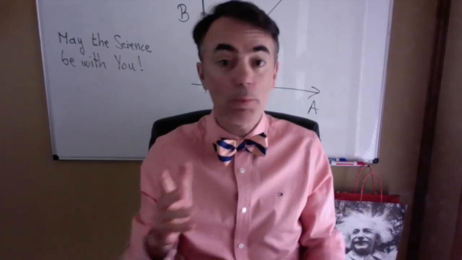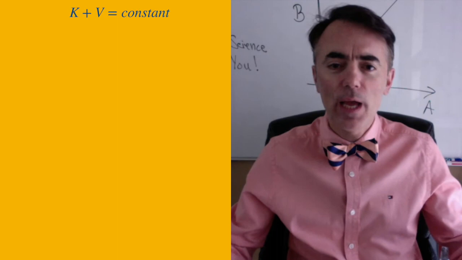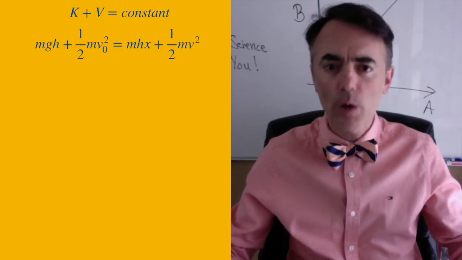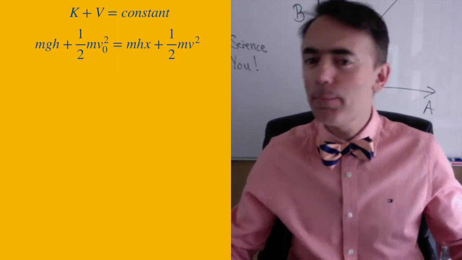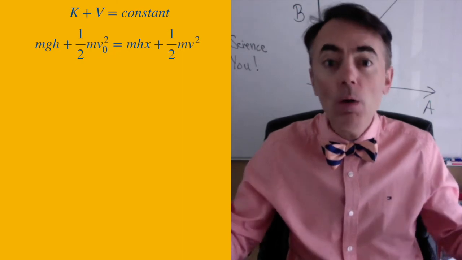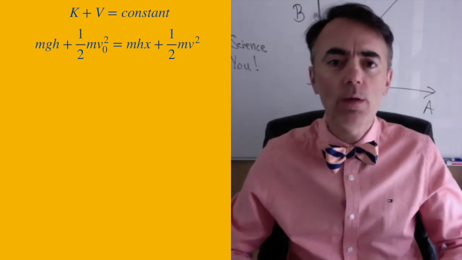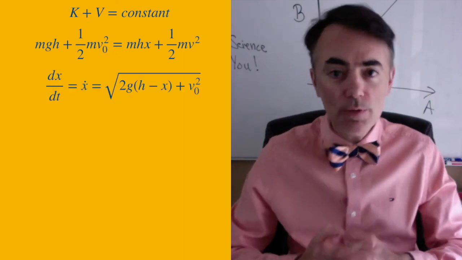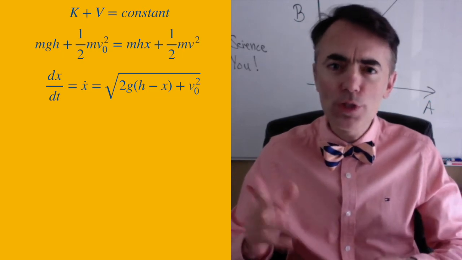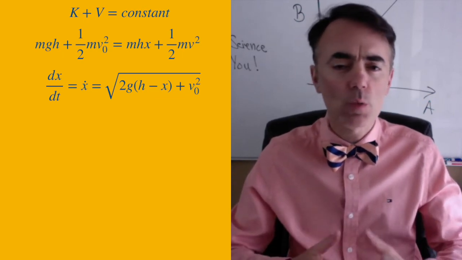What if what you are interested in is the velocity of the baseball for any given height x? Again, from conservation of energy, we have mgh plus 1/2 m v naught squared equal to mgx plus 1/2 m v squared. Solving for the velocity, v is equal to the square root of 2g(h minus x) plus v naught squared.